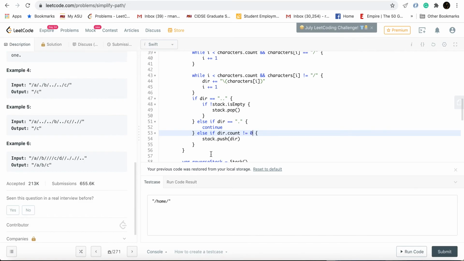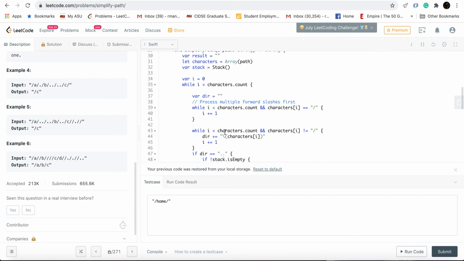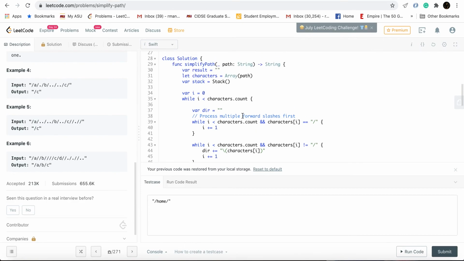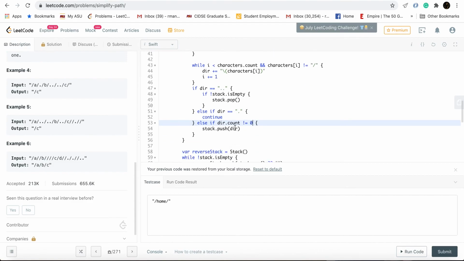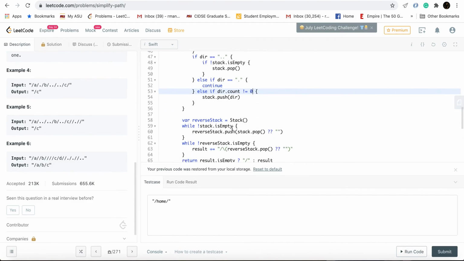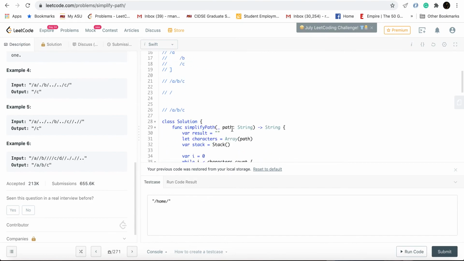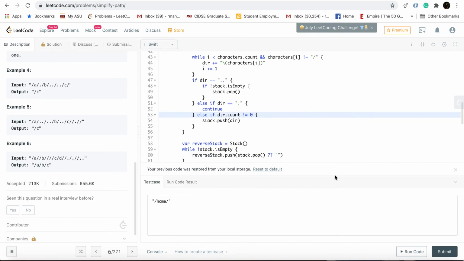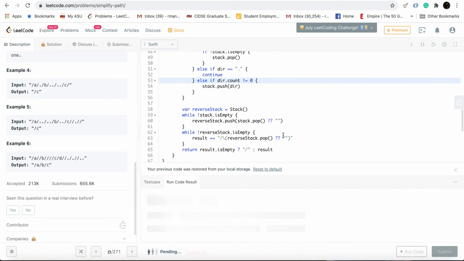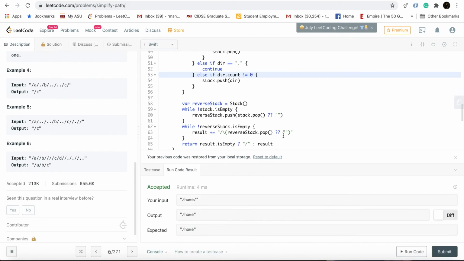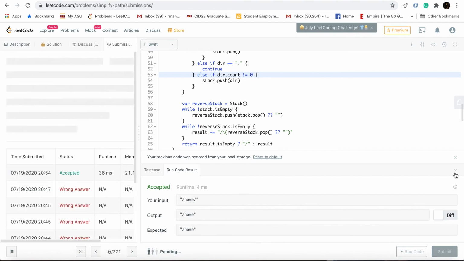Let's make sure that it's not an empty string before you push a directory name to the stack. I think it looks fine. I think we are ready to submit. Let's just run the code once. Works. Submit that.